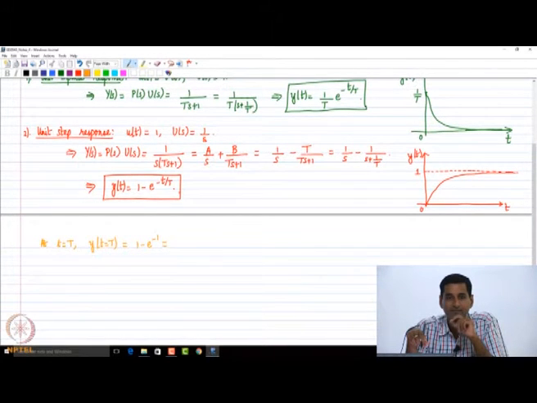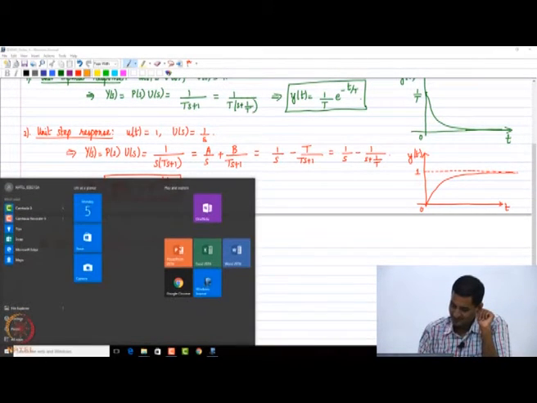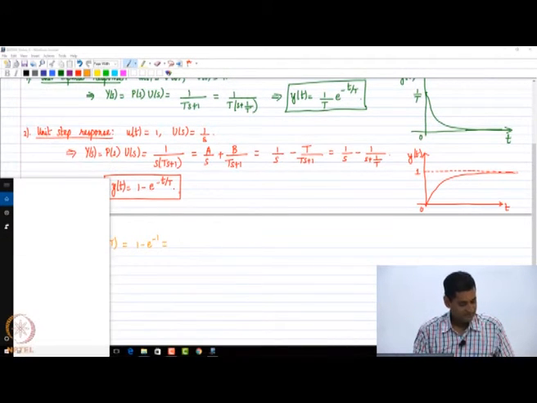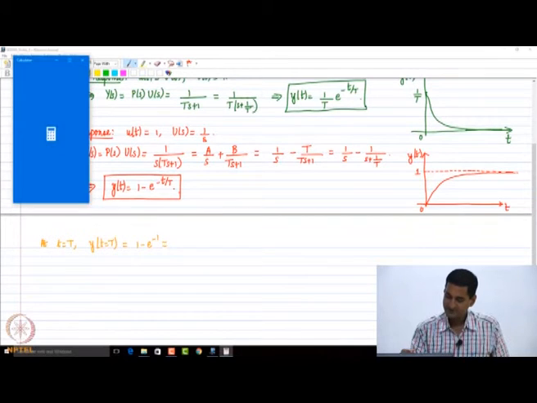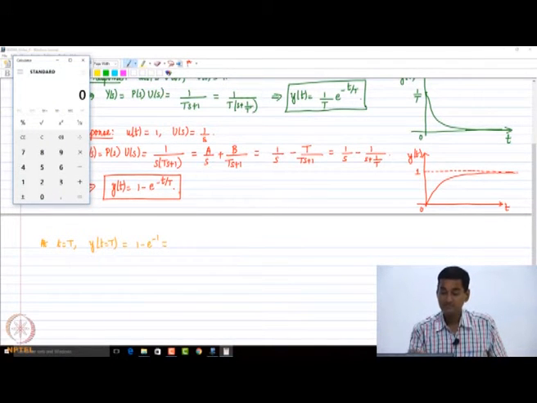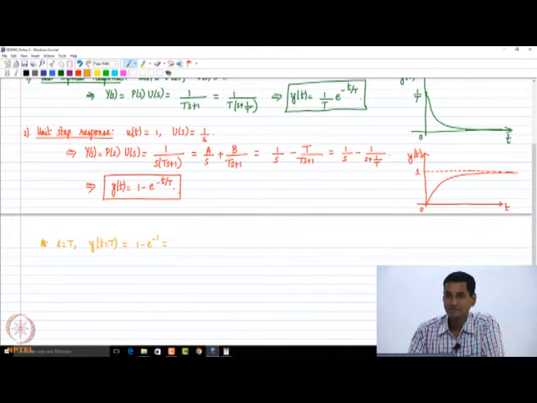If you have a calculator, please calculate. So let's see whether we have a calculator here. 0.632, right? So this will come as 0.632.